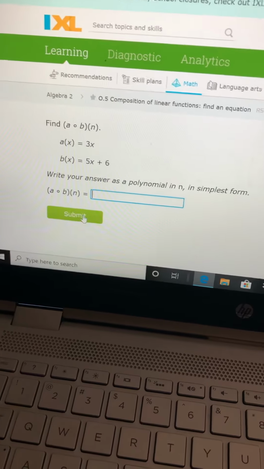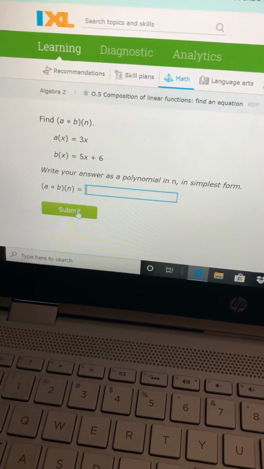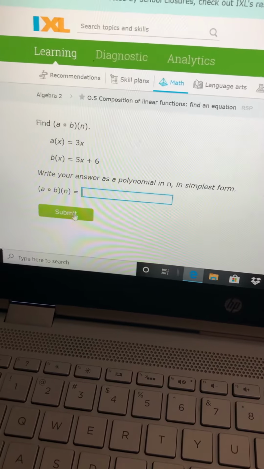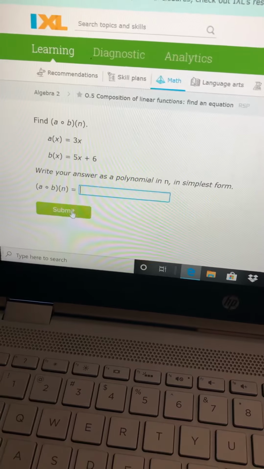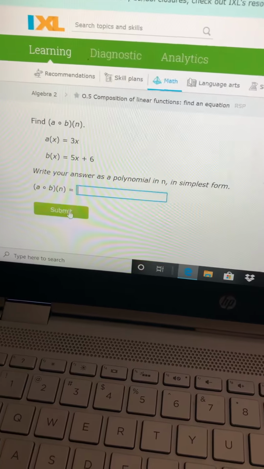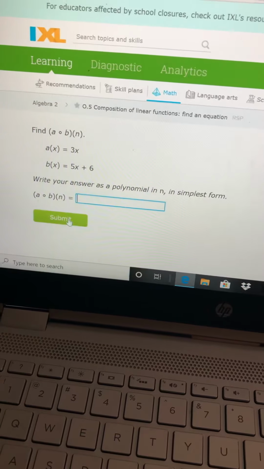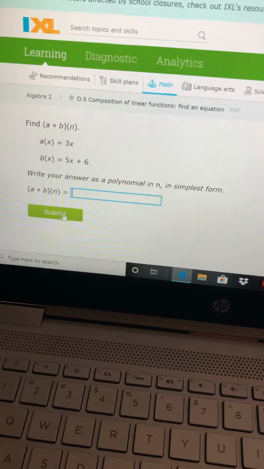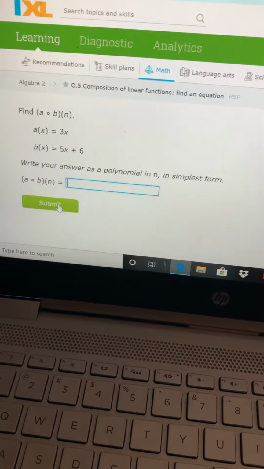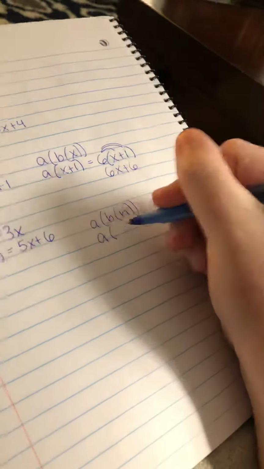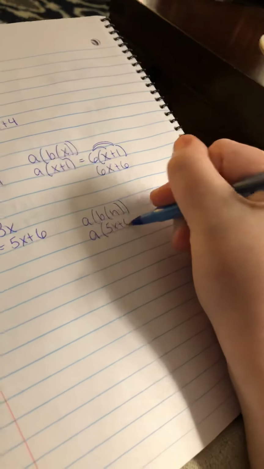Okay, the next one says A of X is equal to 3X and B of X equals 5X plus 6. And it says find A of B of N. They just changed the variable to N. Okay, so A and then B of X is 5X plus 6.